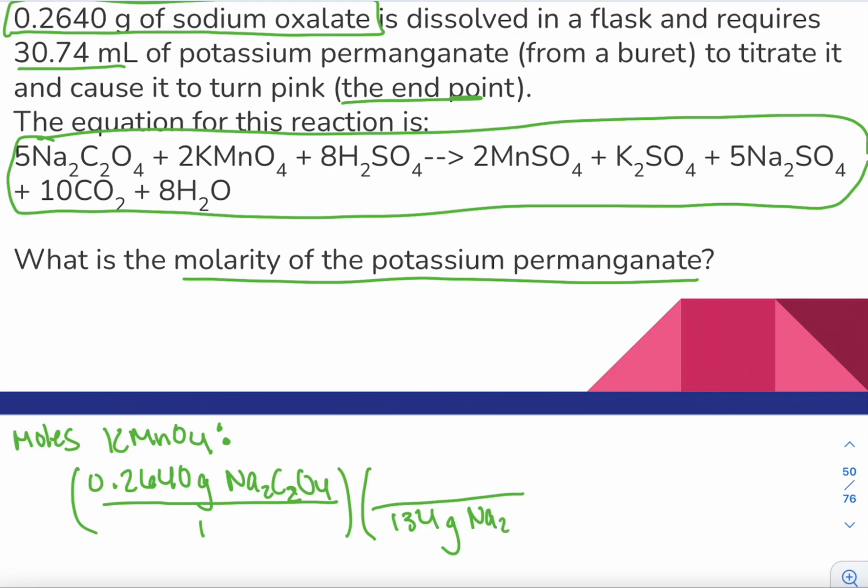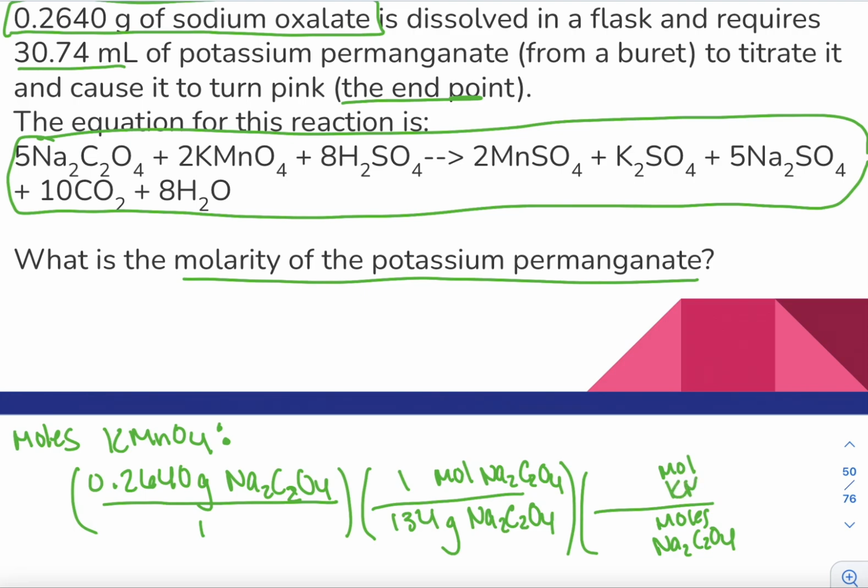First we have grams to moles of sodium oxalate. And then we're going to go from moles of sodium oxalate to moles of potassium permanganate.